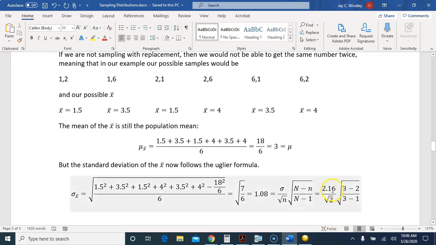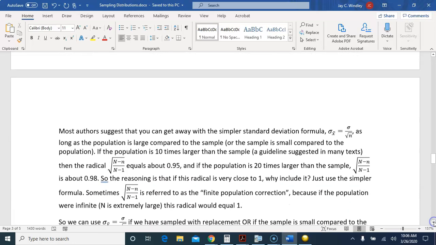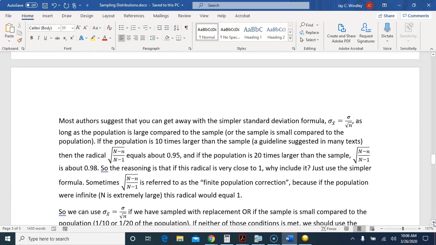It's the population standard deviation divided by radical n, and then this extra radical, population size minus the sample size over the population size minus 1. Most books say that you can use the simpler version of the standard deviation formula as long as the population is large compared to the sample, or conversely, the sample is small compared to the population.